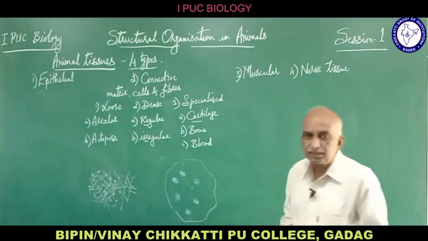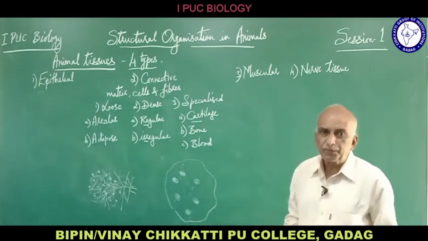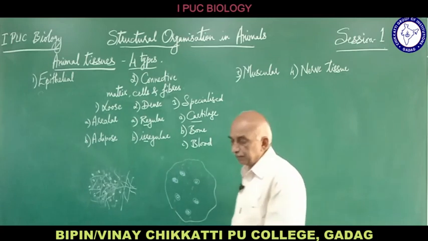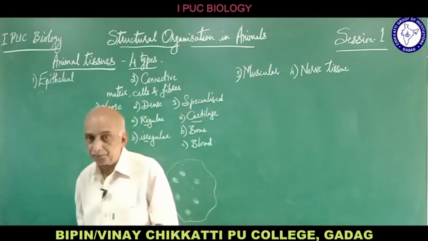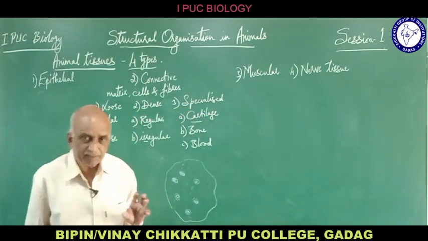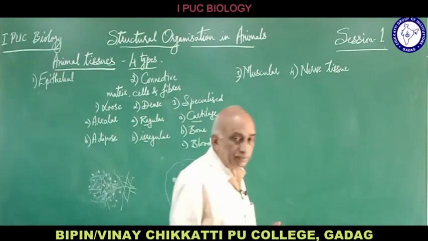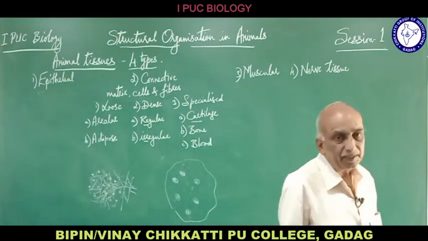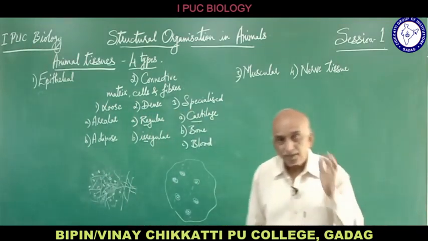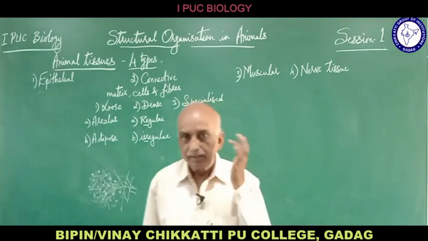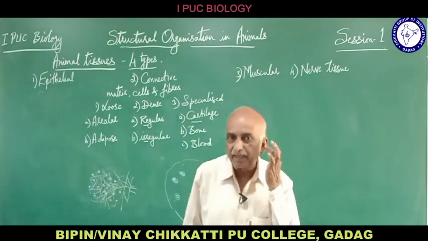So cartilage is sometimes called soft bone, as we have studied in cartilaginous fishes and bony fishes. Cartilage is just like a bone, but it is not bone. It is soft in nature. For example, if you take the ear, this is completely cartilage.